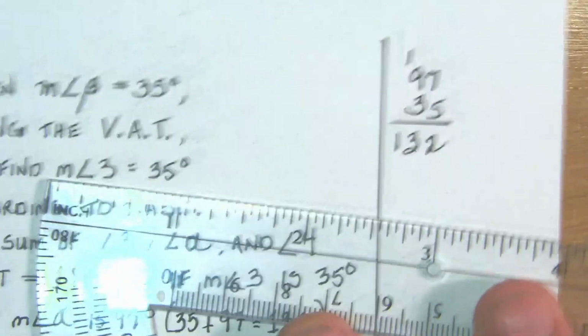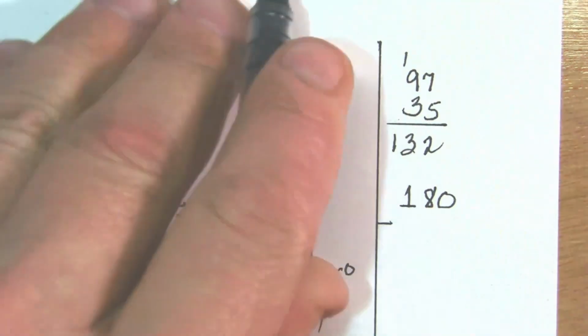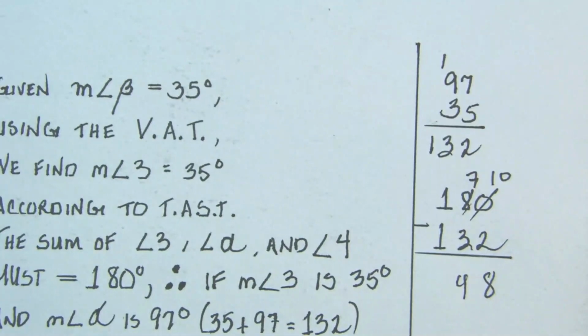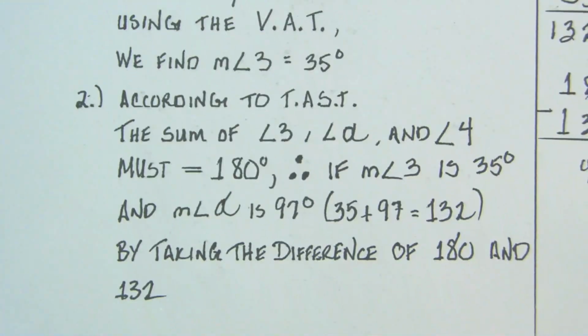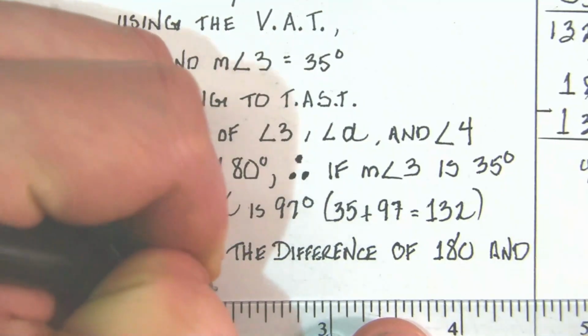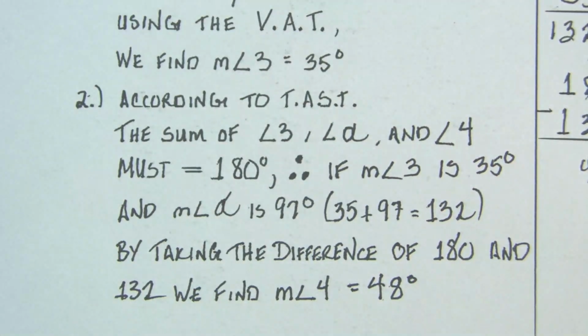Okay, let's do that over here. 180 minus 132 is going to give us the measure of angle 4. Is it 48? Let's see. Yep. Okay, by taking the difference of 180 and 132, we find the measure of angle 4 equals 48 degrees. Okay?